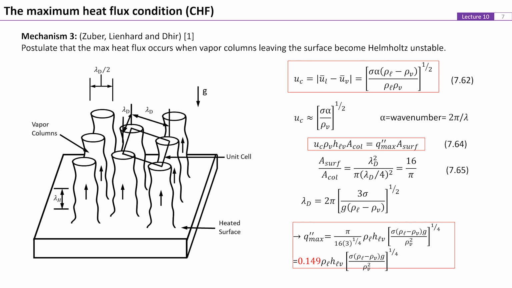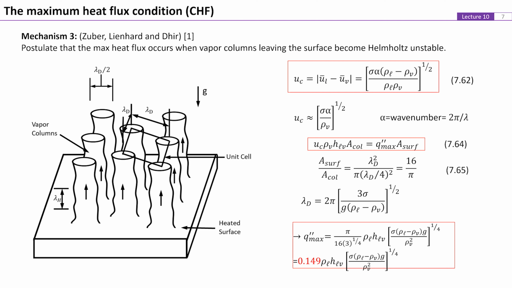Equation 64 is obtained by assuming all heat flux from the solid surface to the fluid is due to latent heat corresponding to these upwards vapor columns. Equation 65 is from the geometry showing on this figure.